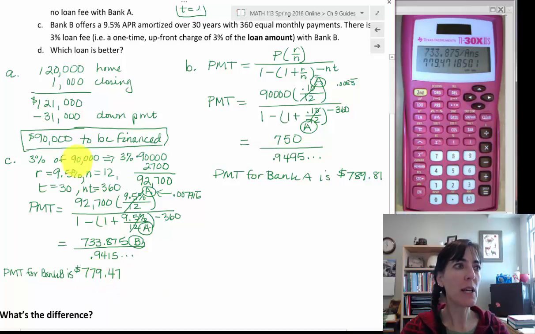And it looks like even though Bank B had a higher amount financed, the $92,700, in the end it was going to be less per month for the same 30-year period because the interest rate was much lower. And with a loan of that size, the interest rate is going to matter a lot more.